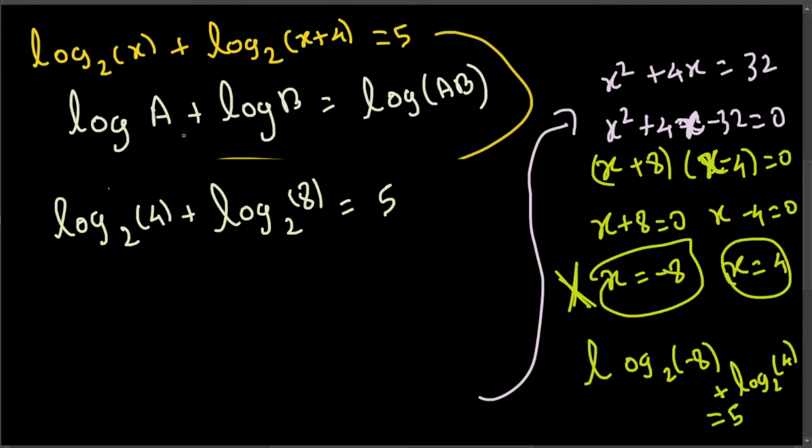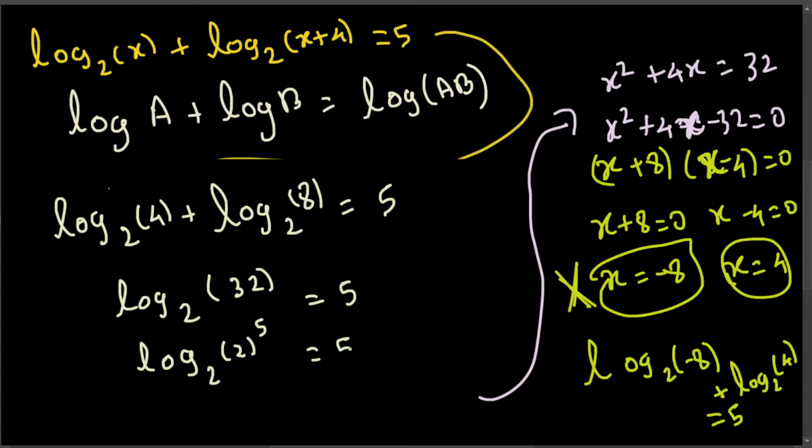But I'm going to solve this one without a calculator. I can use this formula to simplify this. So this is going to be log 2 of 4 times 8, that is 32, and that's equal to 5. Now you can see that 32 is 2 power 5, right? So we can write this as log 2 of 2 power 5.